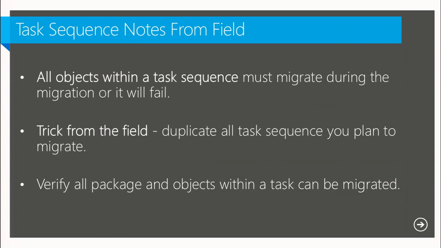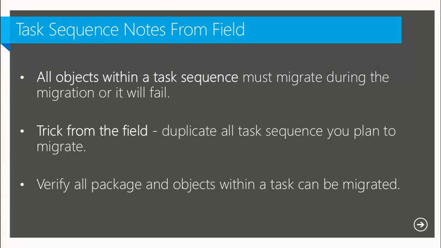All tasks must migrate during the migration or it will fail. Duh. One of the tricks you can use as you're doing this is create duplicates of your tasks. So you can just create a duplicate and test that, or have a backup of it. And then verify all your packages and objects with the task can be migrated.